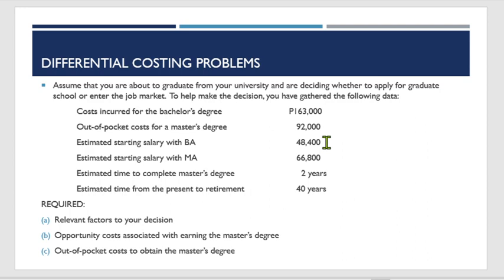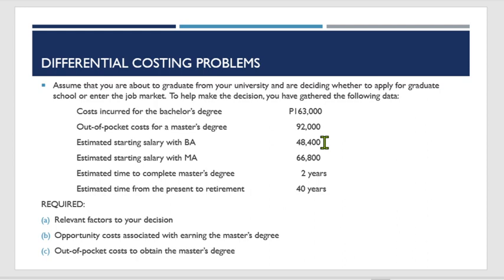Times 2 years. So parang ang assumption dito is the 48,400 is the total annual salary, pero parang masyadong maliit 'yan. I think this is represented, hindi ko alam kung dollars, pero parang sobrang laki naman. But for our hypothetical discussion, you have to analyze the salary at an annual rate.